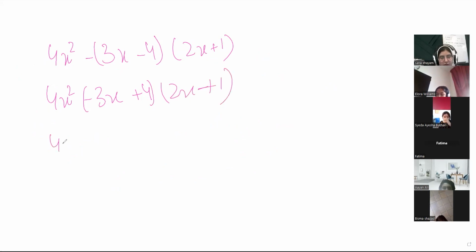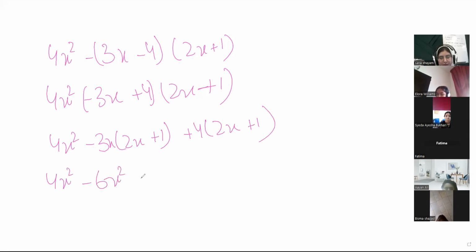Now we have to multiply these two numbers that we have with this value. So if we have 4x square minus 3x multiplied by 2x plus 1 plus 4 multiplied by 2x plus 1, this is going to be 4x square minus 6x square minus 3x plus 8x plus 4. Now if we subtract them, we'll get the answer as minus 2x square plus 5x plus 4.